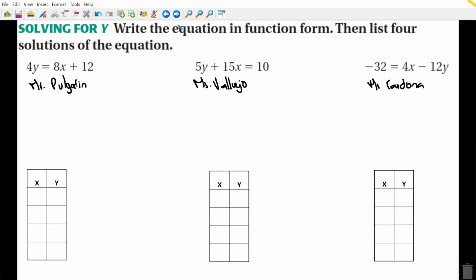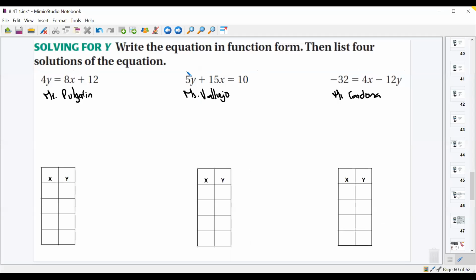Okay, Mr. Pulgarin, are you ready, my friend? Mr. Pulgarin? Mr. Pulgarin? Okay. Mr. Pulgarin doesn't want to participate. Let's see what happened. I don't have any Mr. Pulgarins over here.